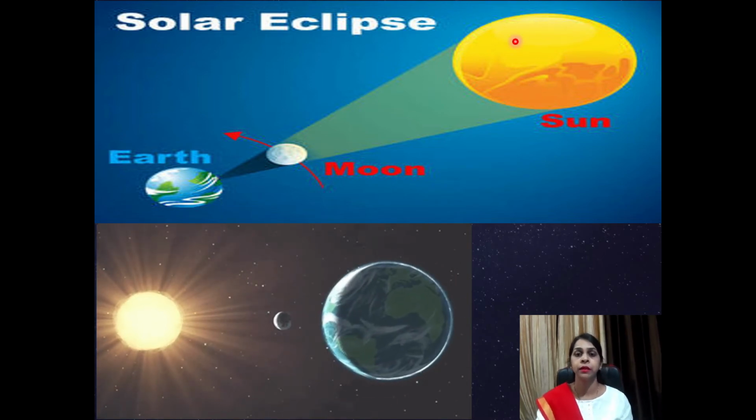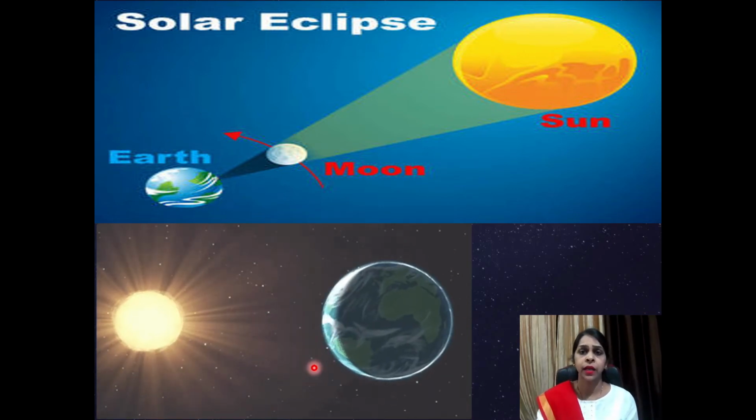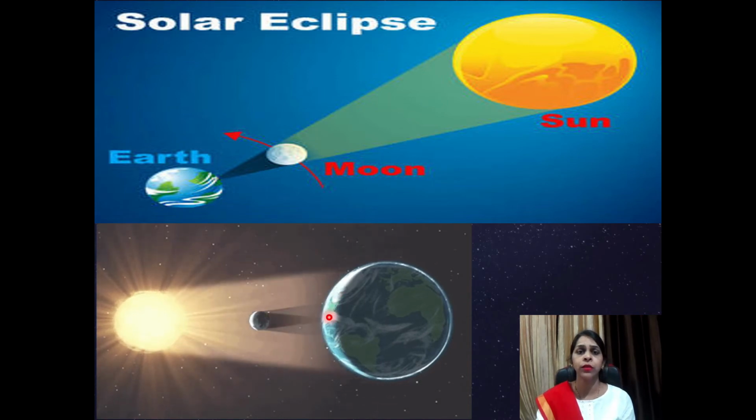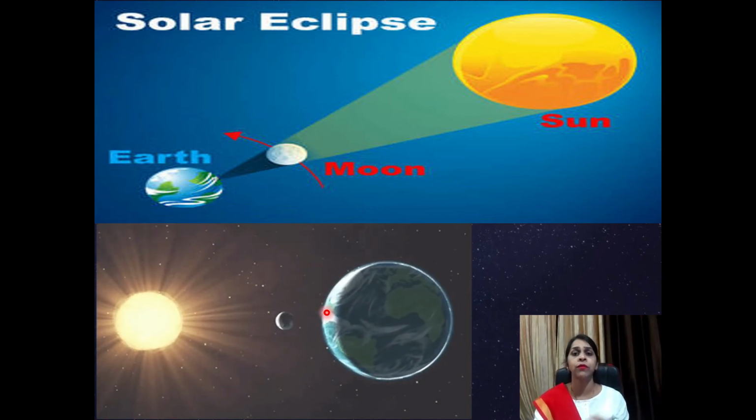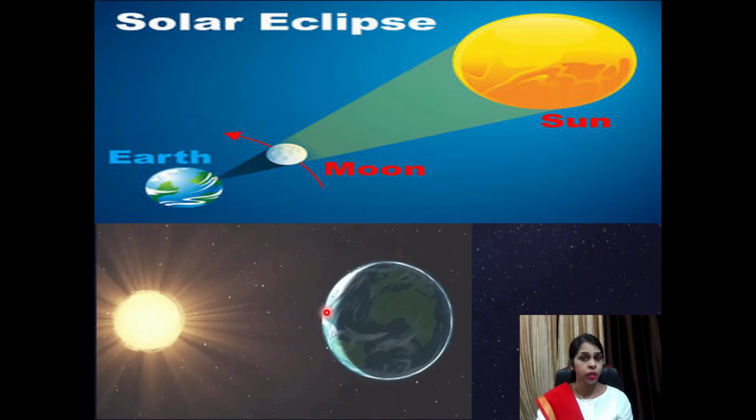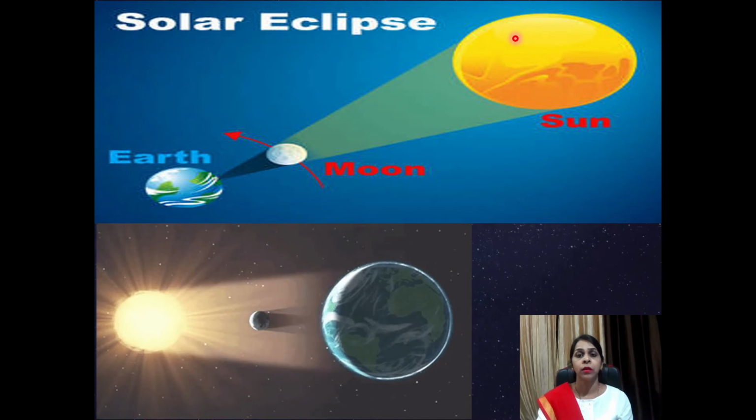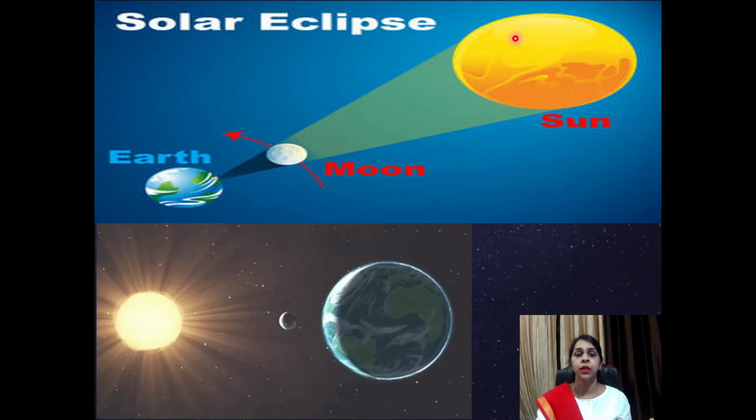You can see here the lighter shadow. In the region where the dark shadow falls, people receive a total solar eclipse, which means that no part of the sun is visible and it's clearly dark.